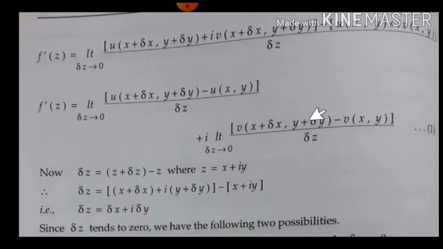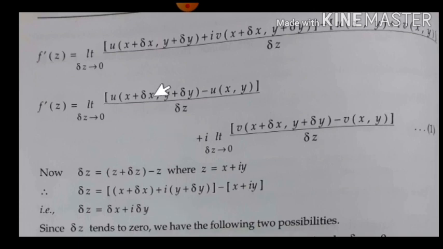So real and imaginary terms are written separately and the limit is applied. Since I have written the small increment with respect to x and y, the limit also should be in terms of small increments in x and y. Z is equal to x plus iy means delta z is delta x plus i into delta y.